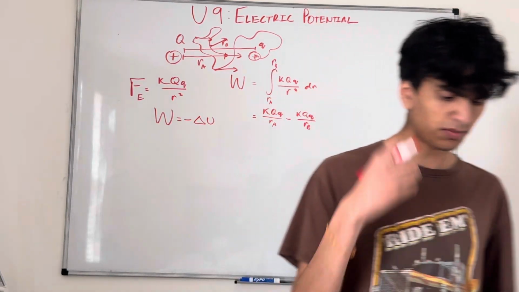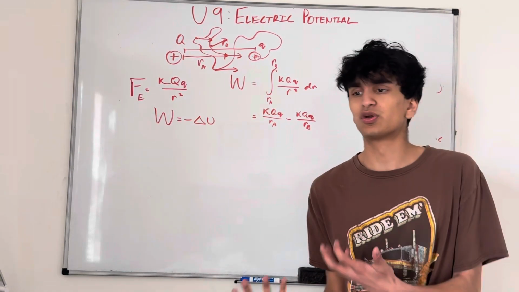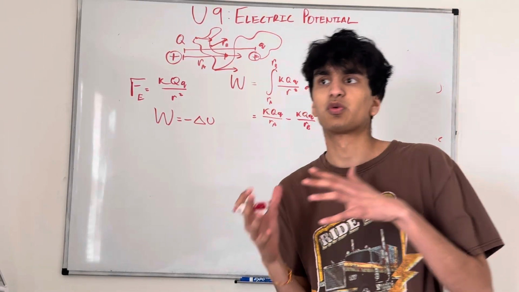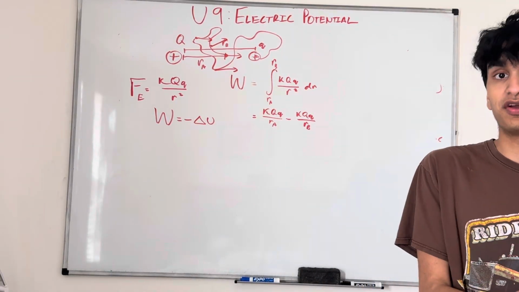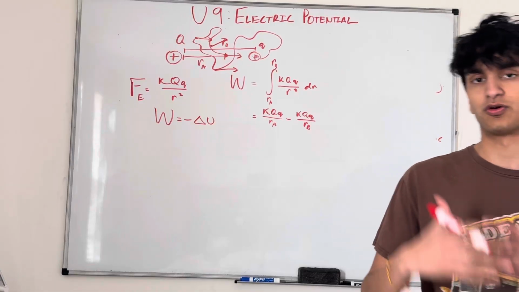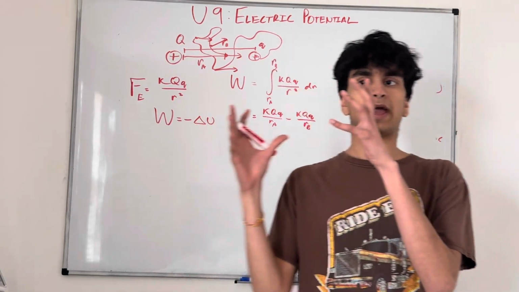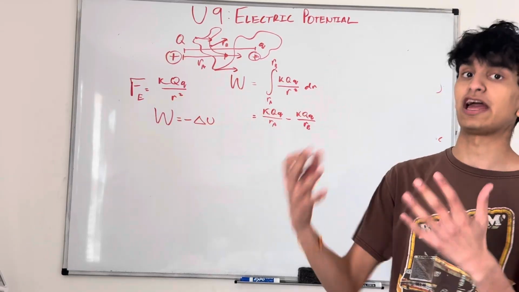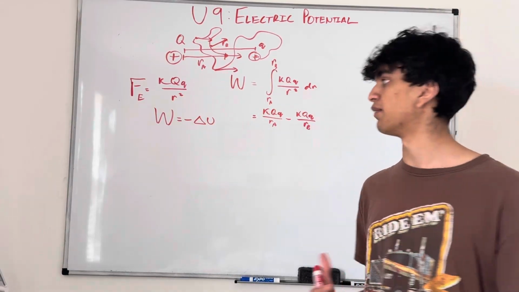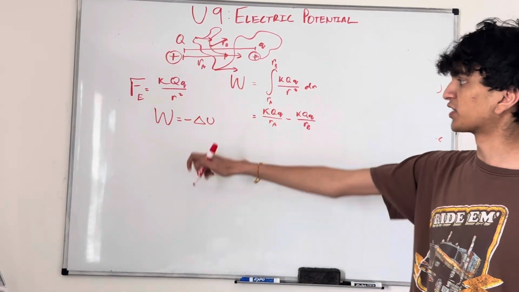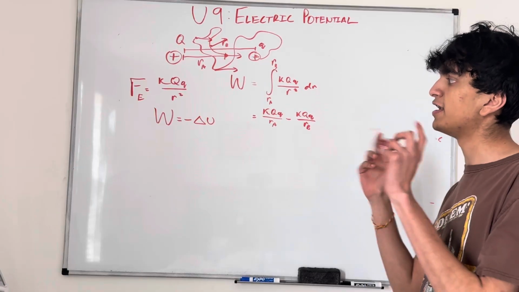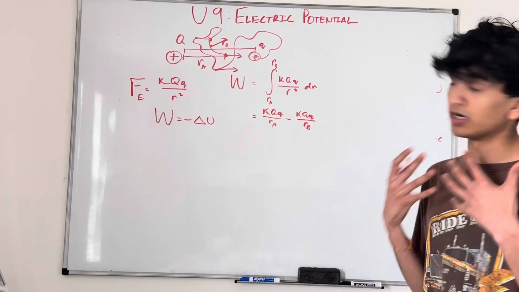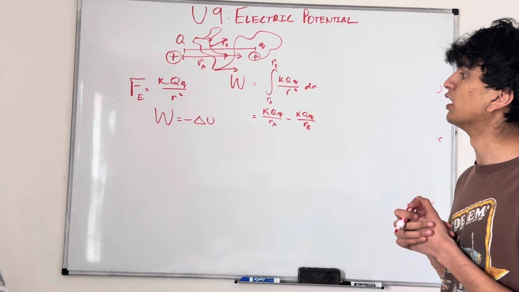If you think about U_G and U spring, the reason those potential energies exist is because they're associated with forces that are conservative. The spring force and the gravitational force are conservative forces, and thus they have potential energy related to them. So the work done by a conservative force is just the negative change in U, or the change in potential energy associated with that force.